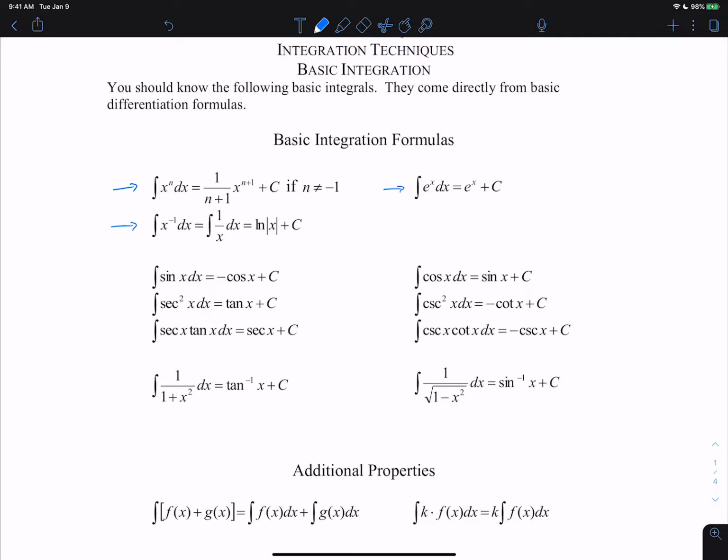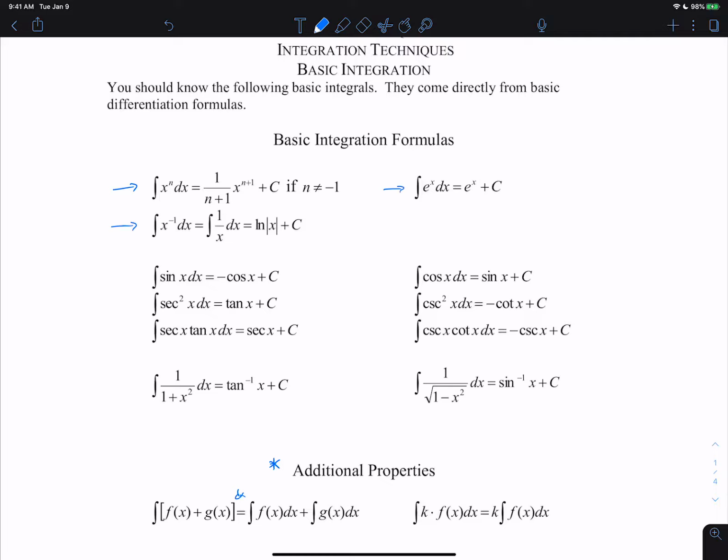I want to do some more complicated examples, but if you'll notice, we've got 6 more rules that involve trig, 2 rules that involve inverse trig, and then 2 additional properties at the bottom. The additional properties say that the antiderivative of f of x plus g of x, there should be a dx on there, I'll have to fix the typo, is equal to the antiderivative of f of x dx plus the antiderivative of g of x dx.